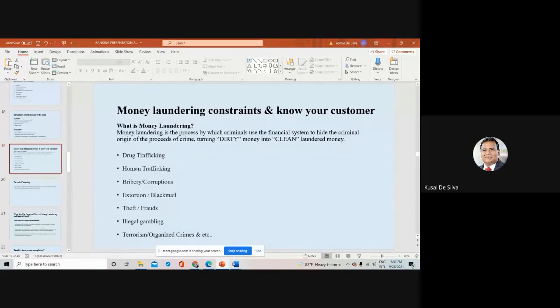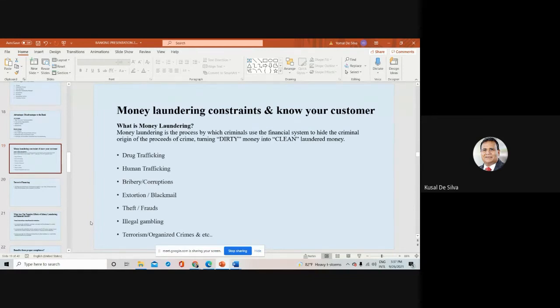So, being bankers, it is very, very important to know these things, and you should have a sense to identify a customer and profile the customer in such a way as to identify his income sources and the level of income.